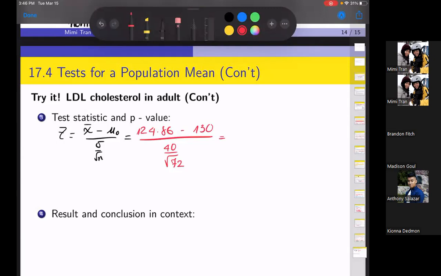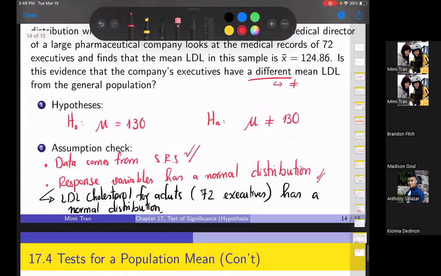Go ahead. Let me double check. I got the same. Roughly negative 1.09.